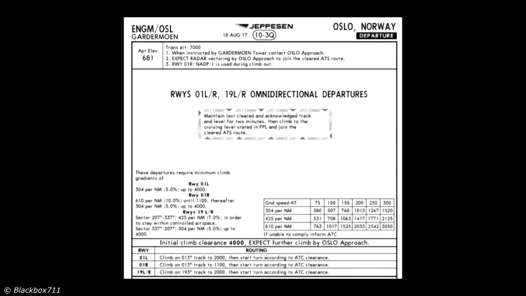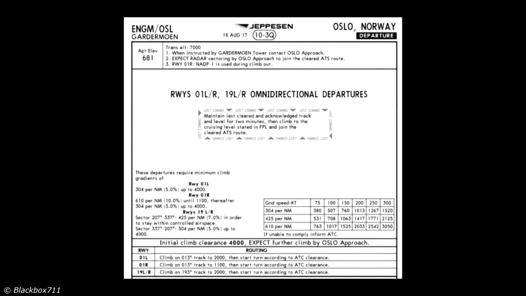The same kind of things, transition altitudes and instructions to contact the radar, etc. Then you have, yeah, the required climb gradients. So let's say, for example, 01 left, it says 300 feet per nautical mile or 5% up to 4,000 feet. And further down, it says initial climb clearance 4,000 feet and expect further climb by Oslo approach.